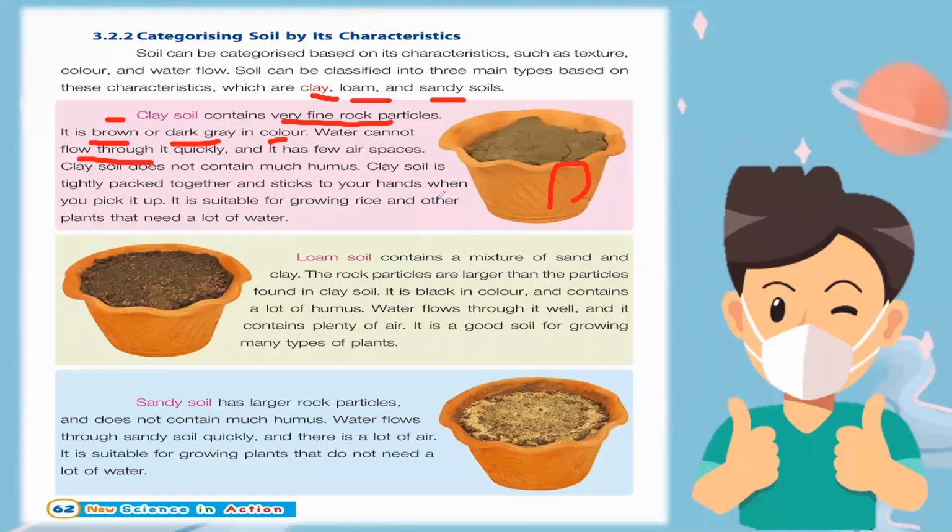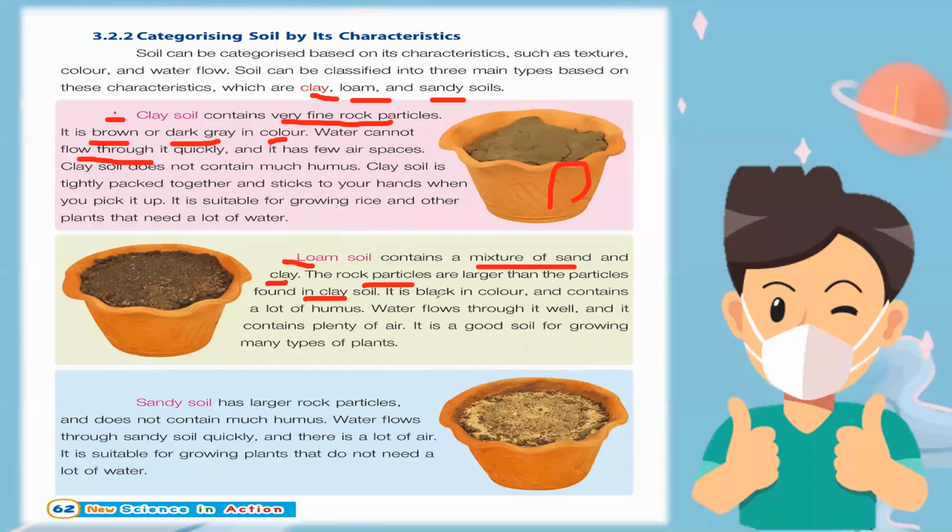Number two, we have here loam soil. Loam soil contains a mixture of sand and clay. The rock particles are larger than the particles found in clay. As we already know, in clay we have very fine rock particles, but in loam we have a bit larger particles of stones as compared to clay soil.